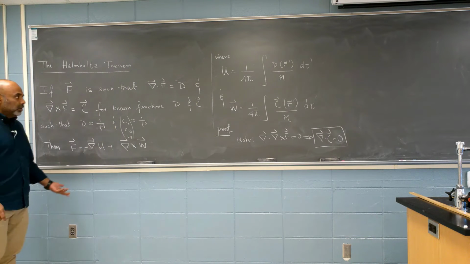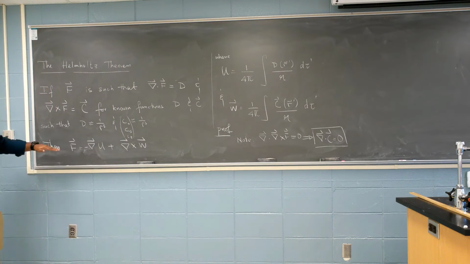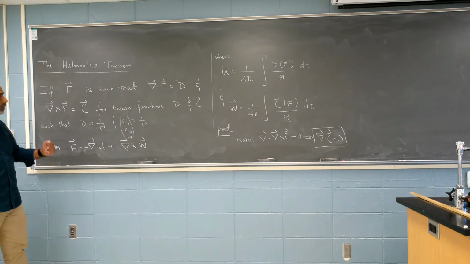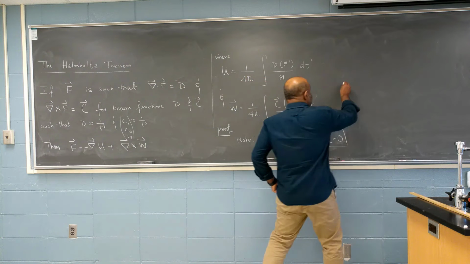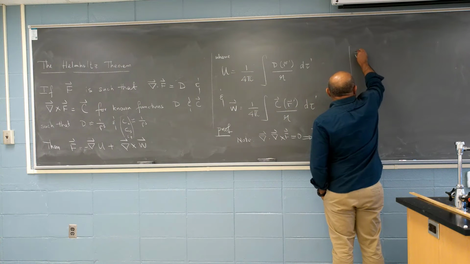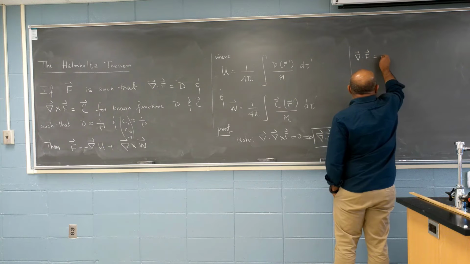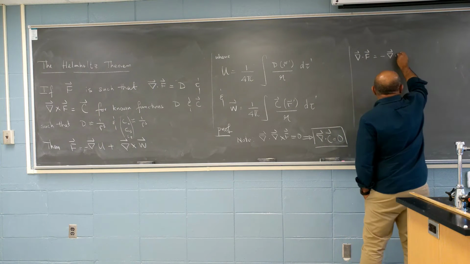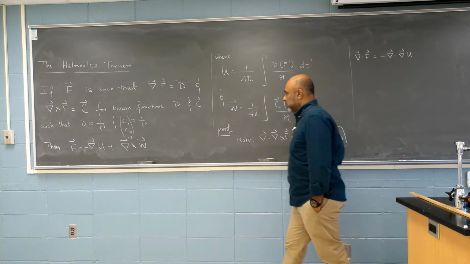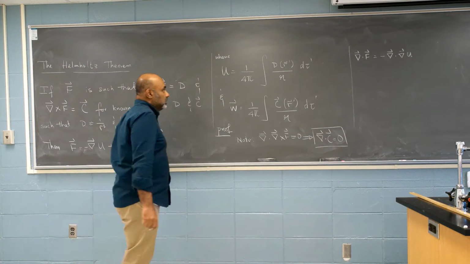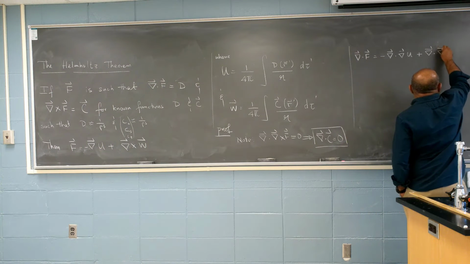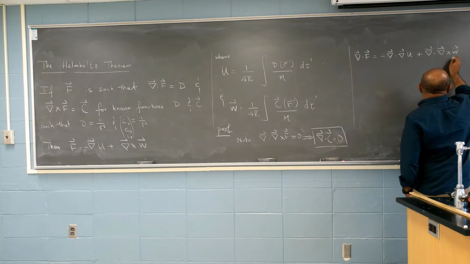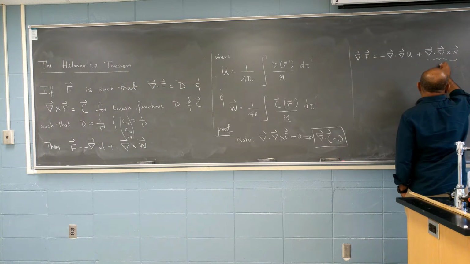We're just noting that. Okay, the proof is very simple. I'm going to take the divergence of F and show that I will get D. I'm going to take the curl of F and I'm going to show that I get C. Let's do it. Divergence of F is equal to negative divergence of the gradient of U. I'm just taking the divergence of this side, plus the divergence of the curl of W. Well, that's already 0.